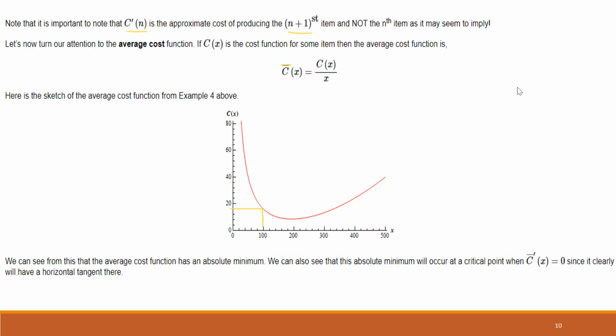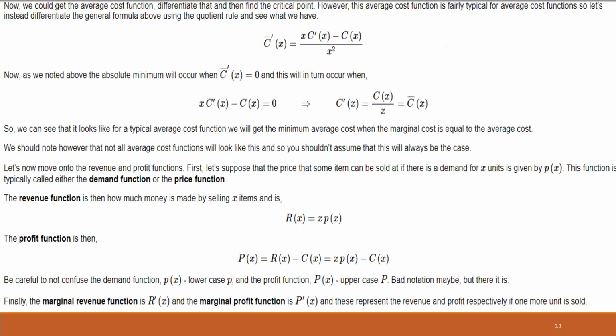So basically what they're saying is that the absolute minimum will occur when you find the first derivative of your average cost function and equate that to 0, right? So let's move on to some examples. We'll have some discussion and we'll go into the next.